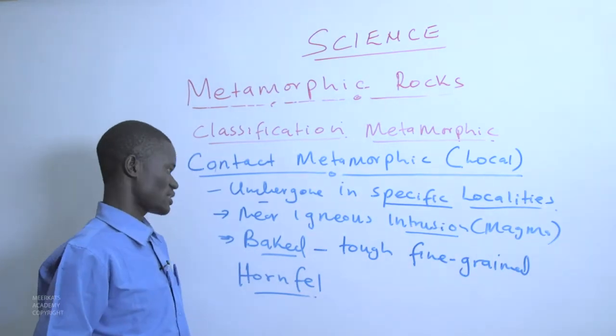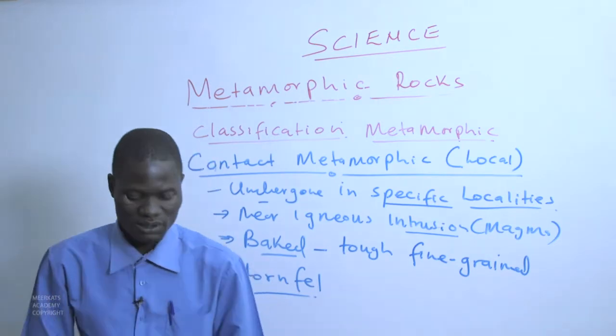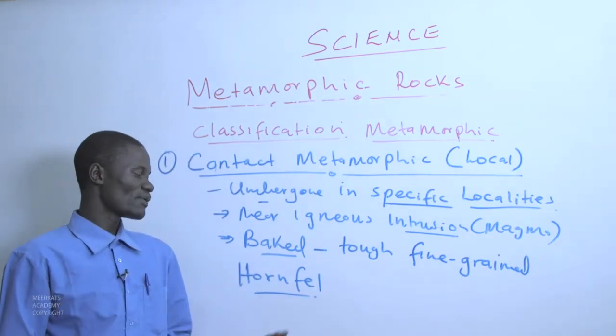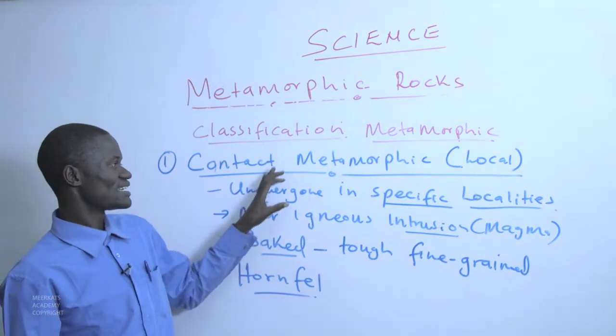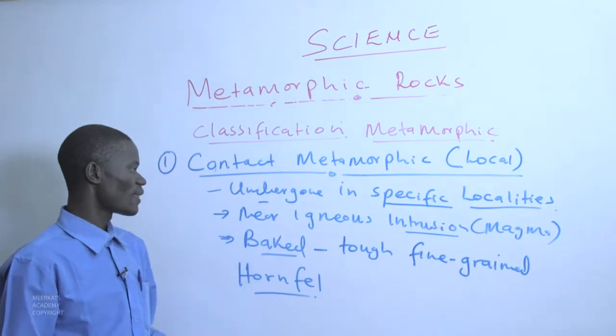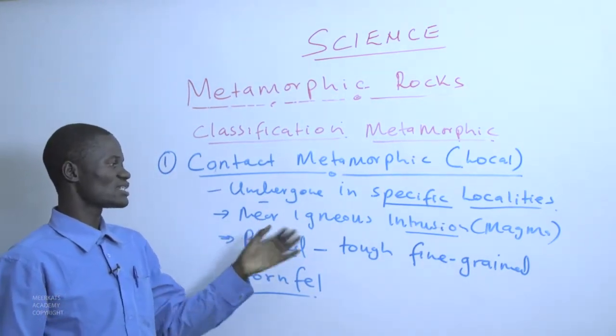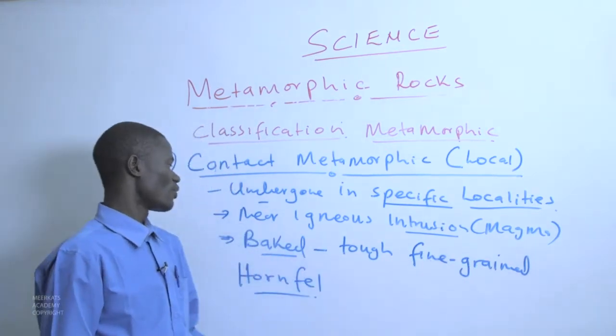In that process, you will find that this type of rock, known as hornfels, works within the local range of the specific locality. That is, it happens near the igneous intrusion, specifically magma.